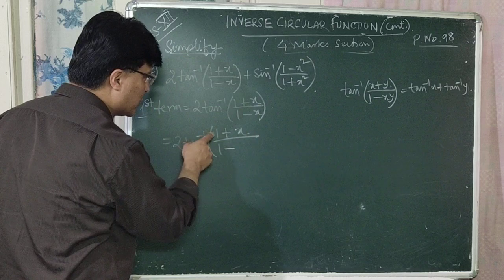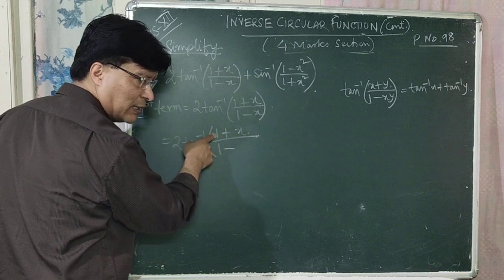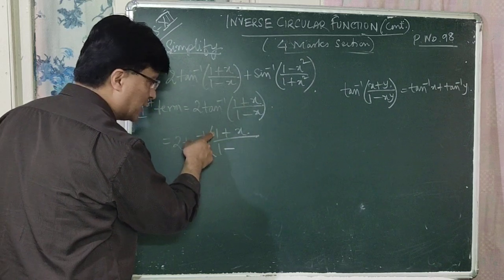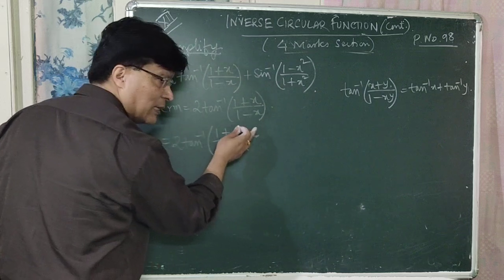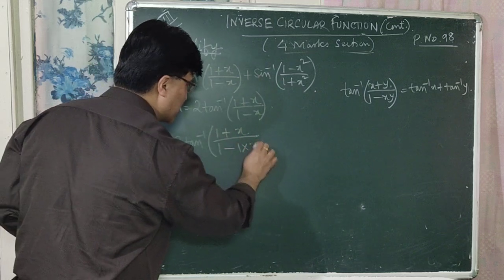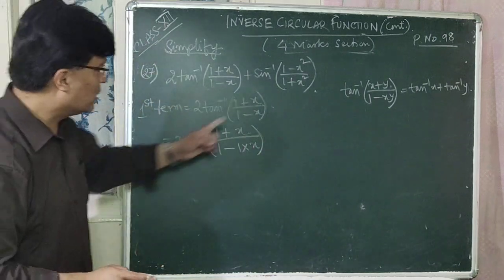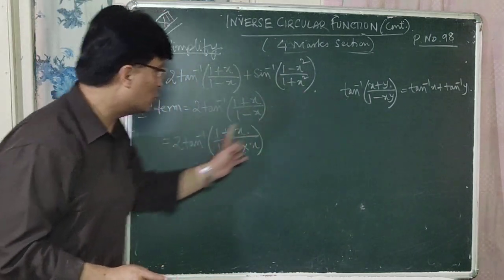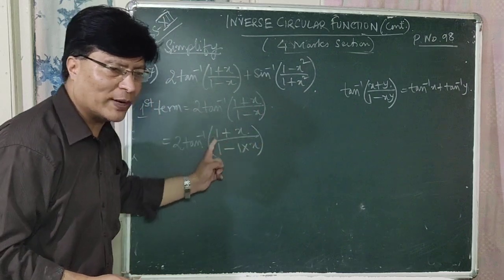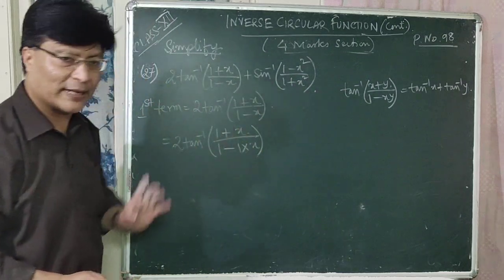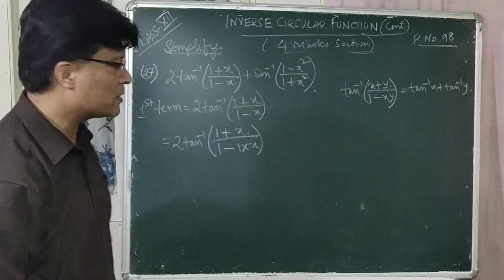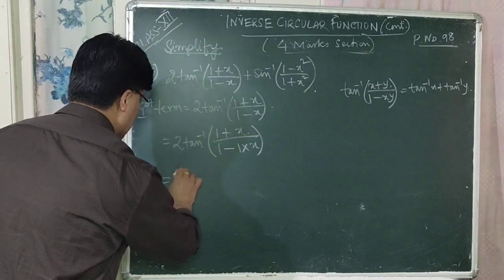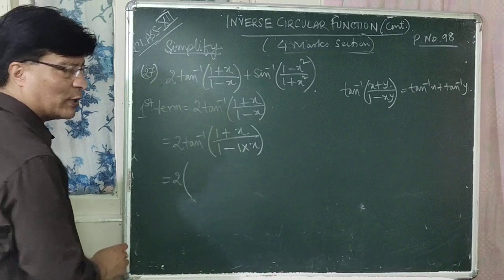So we can write this in terms of x: instead of x there is 1, instead of y there is x, 1 into x, right? If you compare these two, you will get x is equal to 1 and y is equal to x, so that we can use this formula, tan inverse x plus tan inverse y. Now it is 2 within bracket, what is the formula?